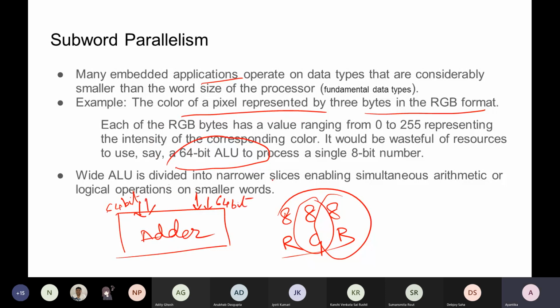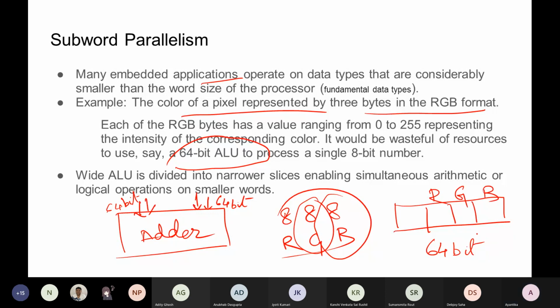So subword parallelism says fuse them together. Whenever you are executing, you are giving input to your adder block, you make a 64-bit input, and for them one will come from this R value, one will come from the G value, and one will come from the B part or B channel, and together process them. In that way, this type of parallelism is called subword parallelism.